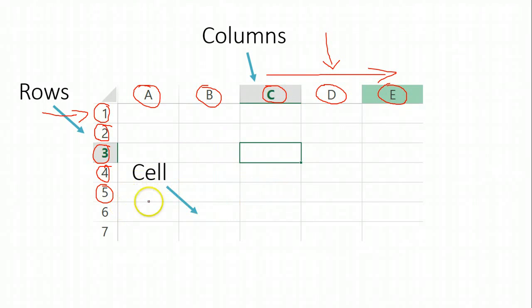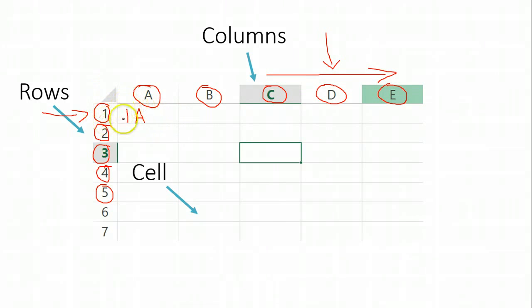The next concept we have is the idea of a cell. A cell is the intersection between a column and a row. Each of these cells is considered a variable in Excel. And because they're considered variables, they need to have their own address. So each of these cells has its own address, and that's a combination of the row and the column.